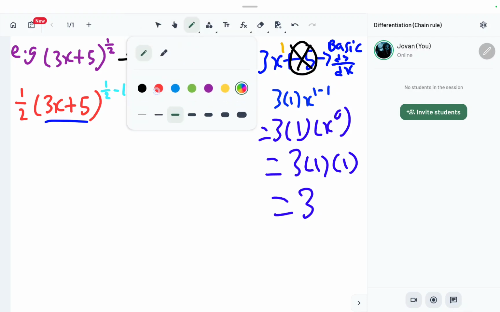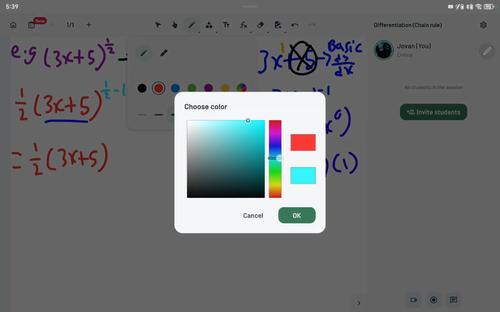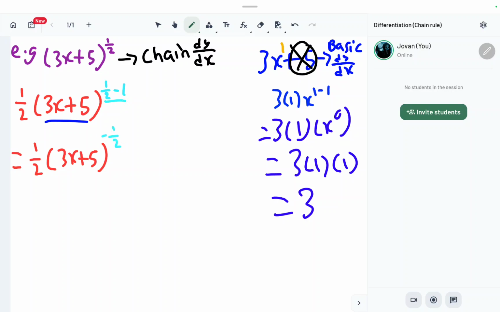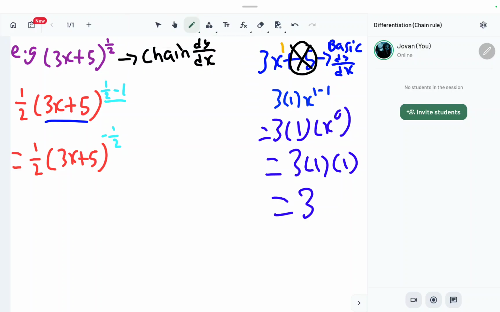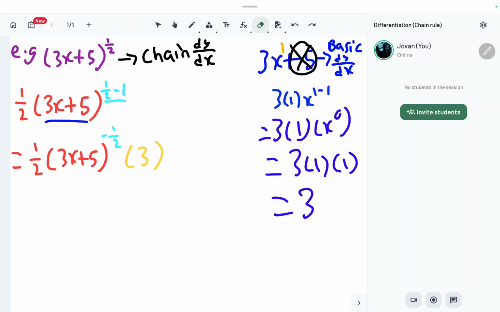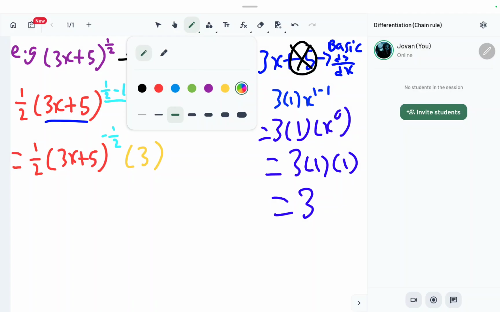So this will be equal to half bracket 3x plus 5 to the power of half minus 1. I know half minus 1 is minus half. And then times this 3, from the derivative of the inside.